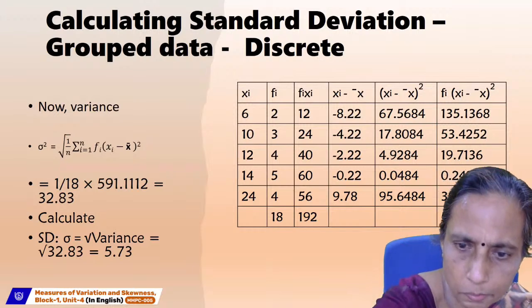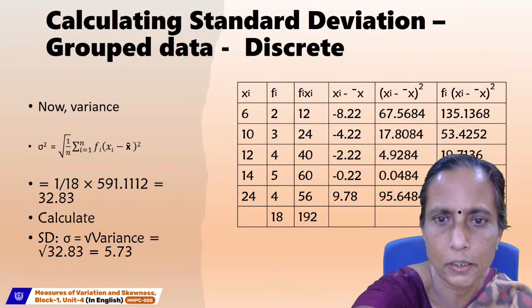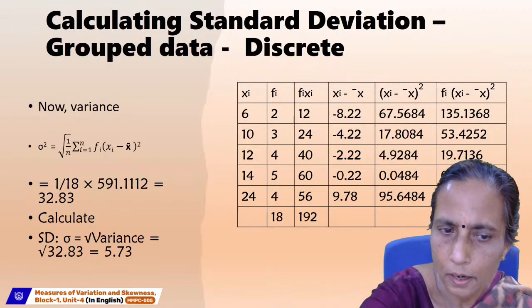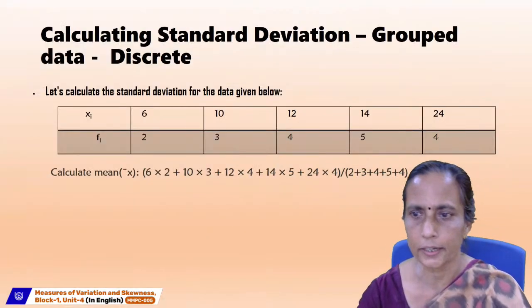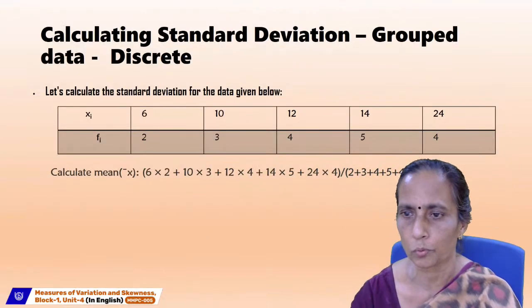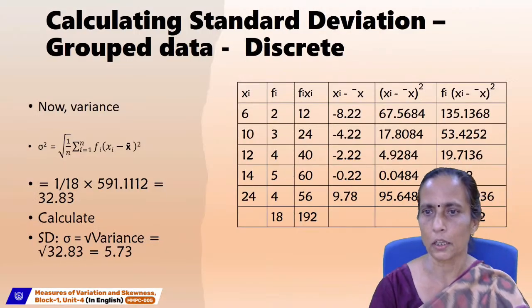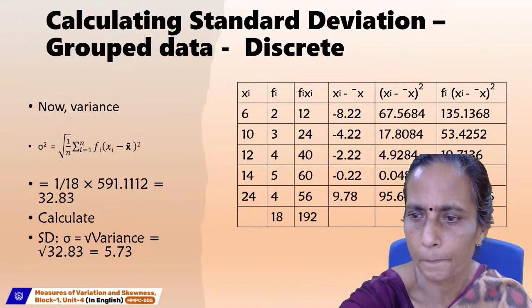And we will be adding up this and adding up this. Then xi minus x bar, where x bar, from the previous slide, is 14.22. By doing that, we will get this column. Then the square of each.